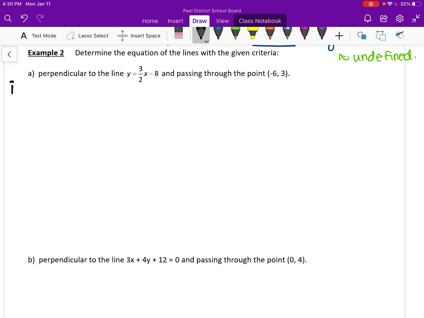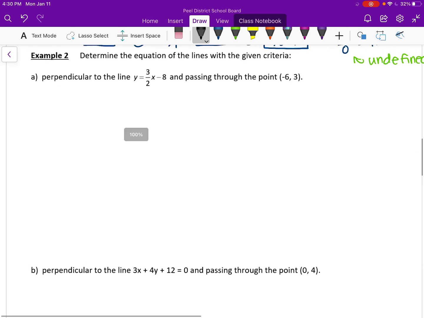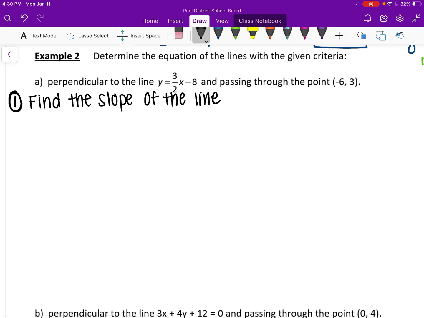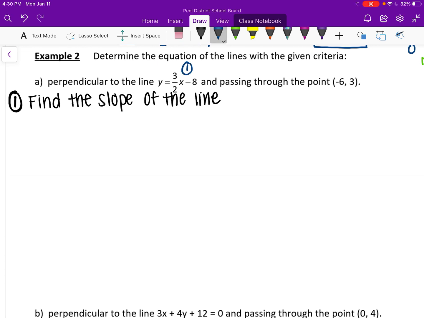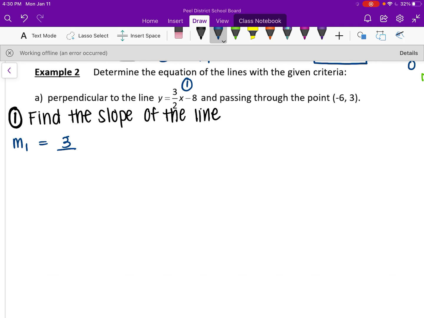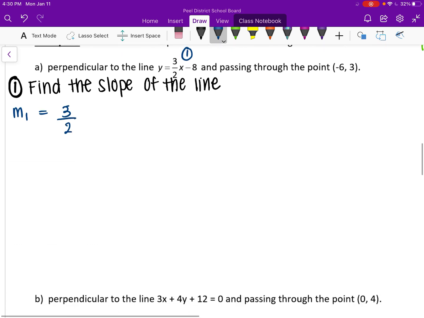So the first thing we're going to do is find the slope of the line. Right? So let's find the slope of this line. So I know that the slope of this line, m1, is equal to 3 over 2, right?